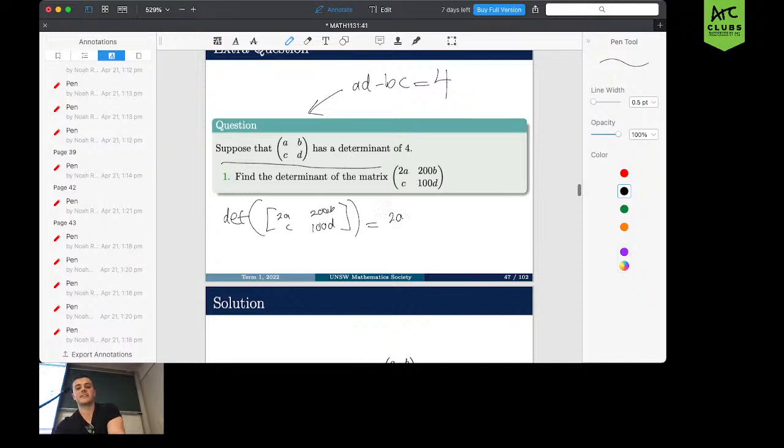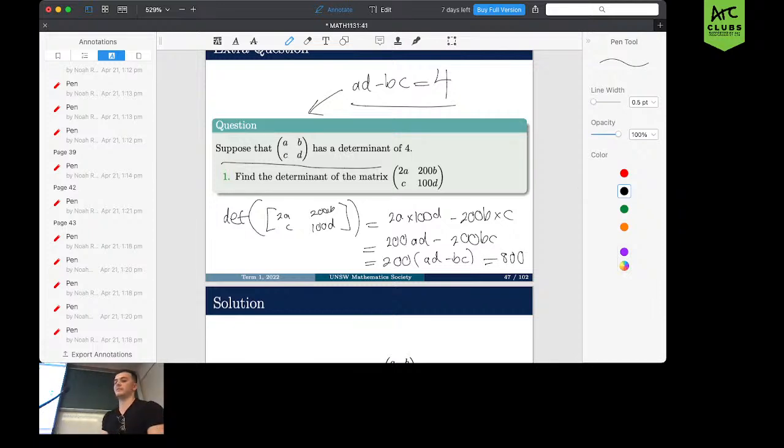So that element there times this element there, minus 200B times C. We can write this as 200AD minus 200BC. Taking out a 200, you're going to see that you eventually, inside the brackets, get AD minus BC. And we know that AD minus BC is 4, so 200 times 4 is 800. And that's how we calculate determinants like that.